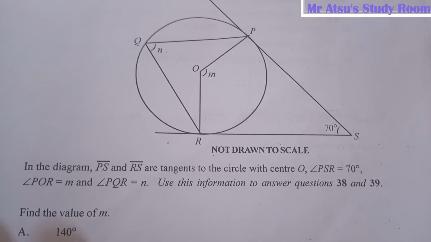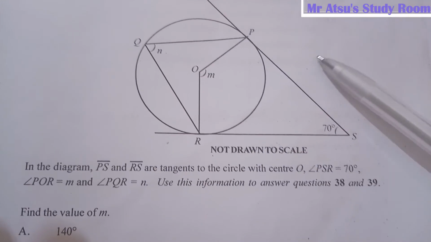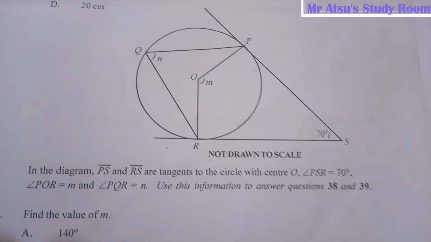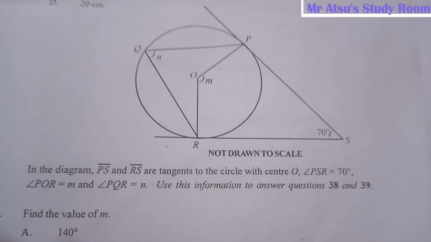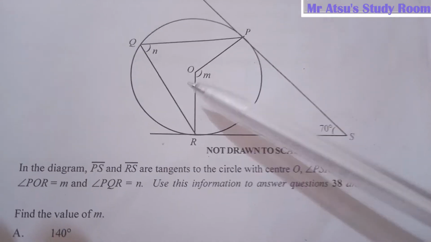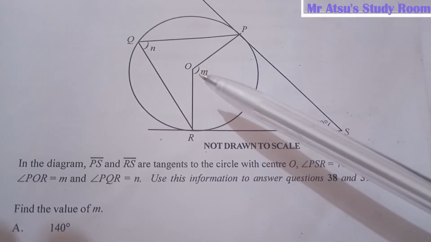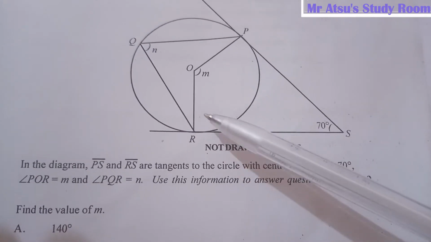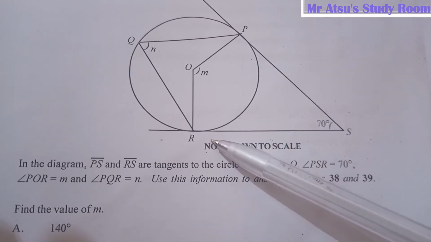First of all, these are tangents to the circle, PS and RS. And since they are tangents to the circle and the circle has the center O, you know what that means. It means that this angle here is 90 degrees. This angle here is also 90 degrees.